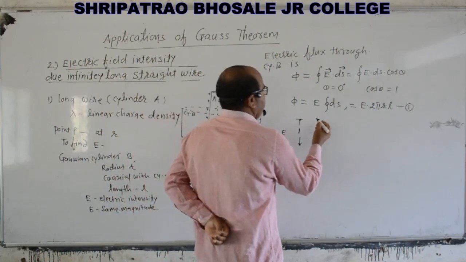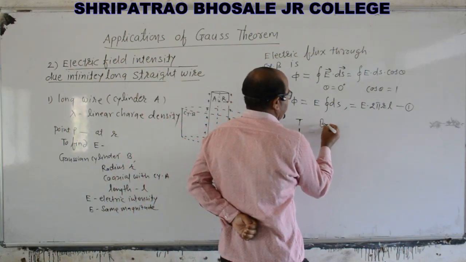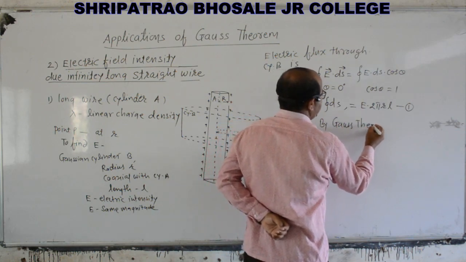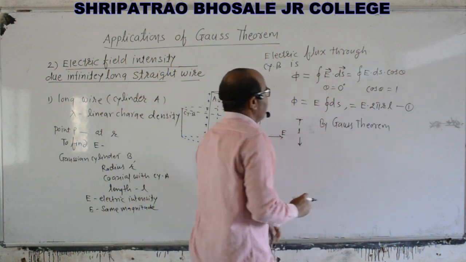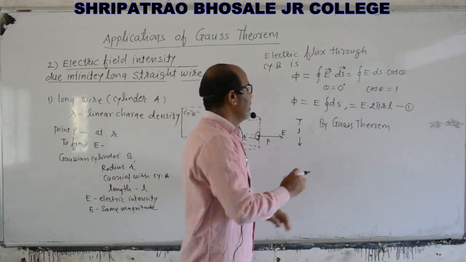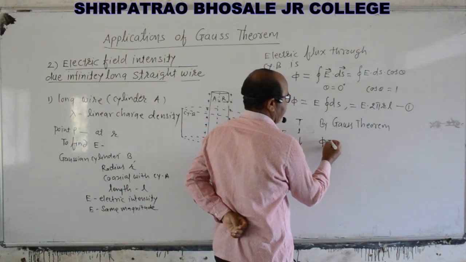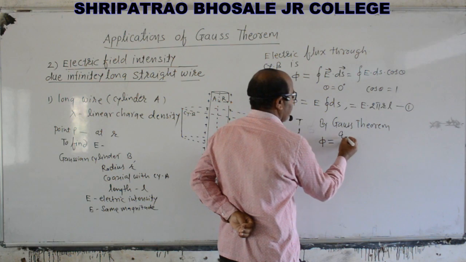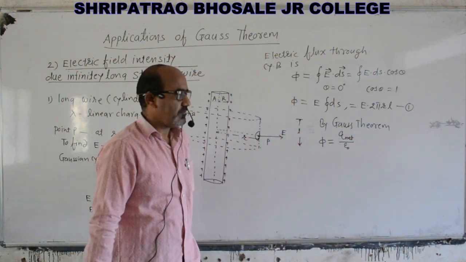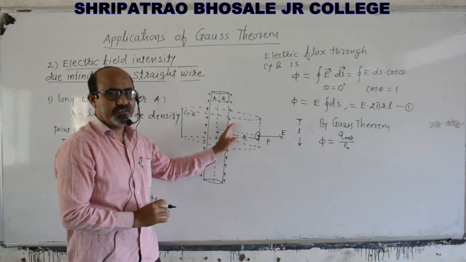Now, by Gauss theorem, the same flux can be obtained. The electric flux passing through the Gaussian surface phi equals Q net divided by epsilon 0, where Q net is the total charge enclosed by the Gaussian surface.